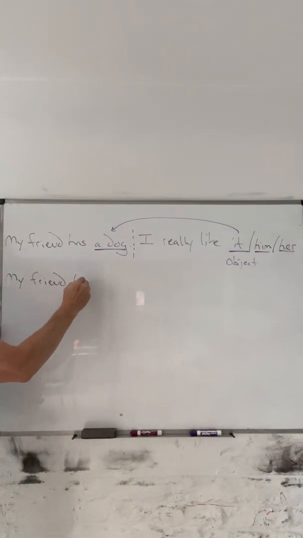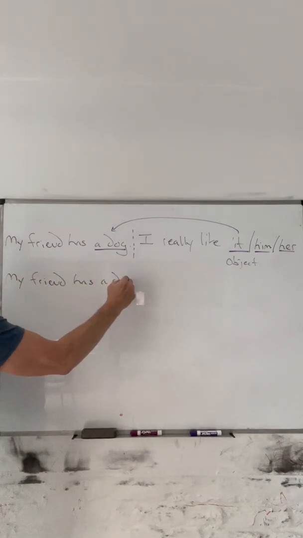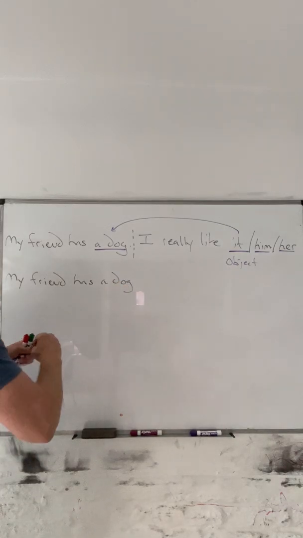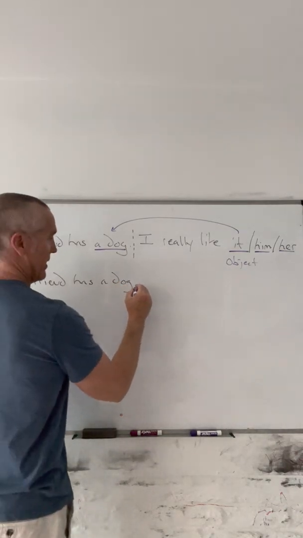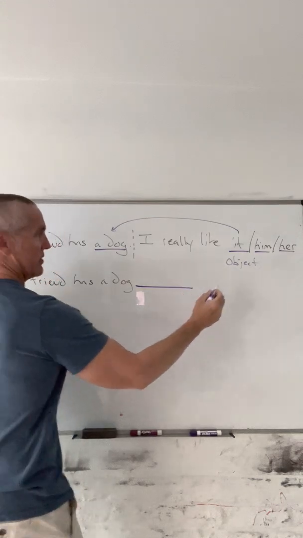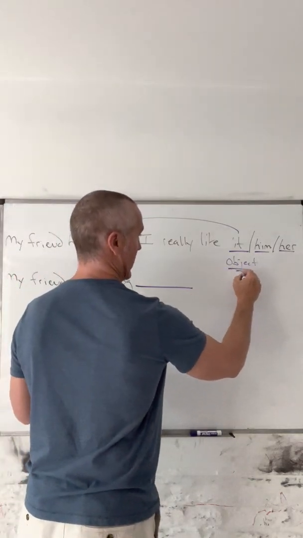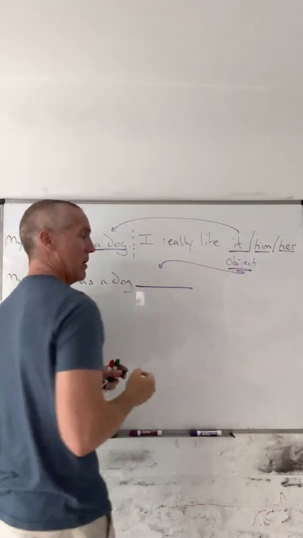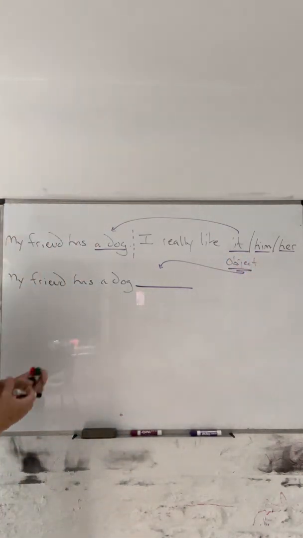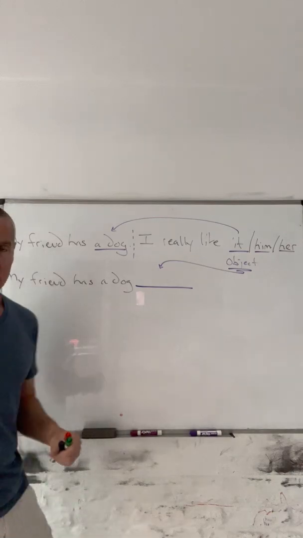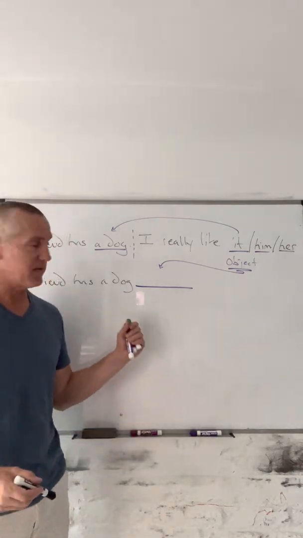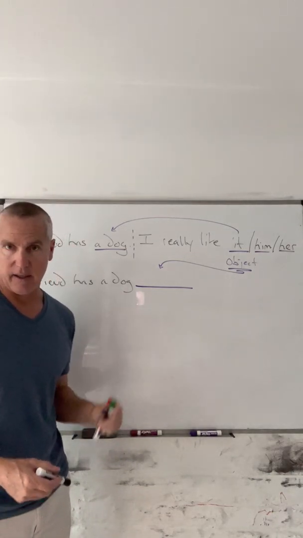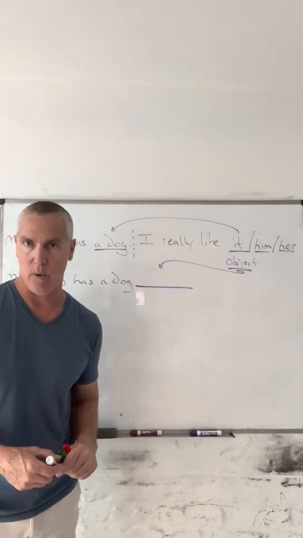My friend has a dog, and so now right here is where we can introduce the pronoun to replace it or him or her. Right? Now, a dog. Step one, you ask yourself this question: a dog, is that a person? No, it's an animal.